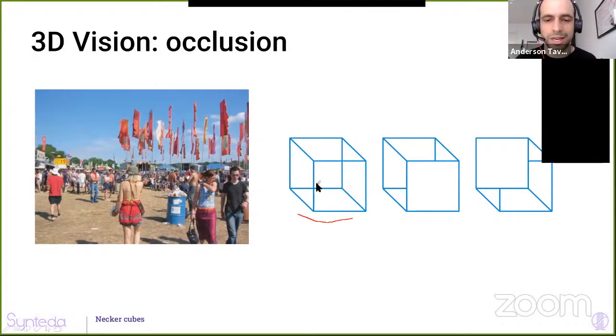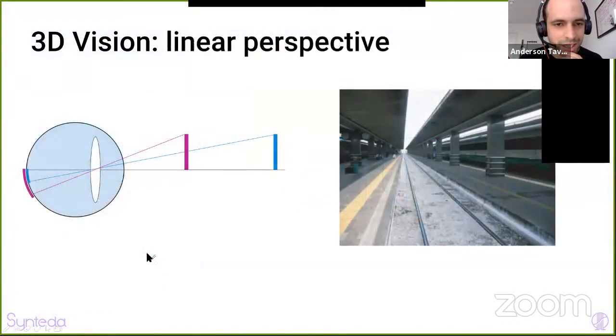How is it oriented? But if we add occlusion information, it becomes easier here. And so you can see that occlusion gives us information about which is close and which is far, about understanding the 3D scene.